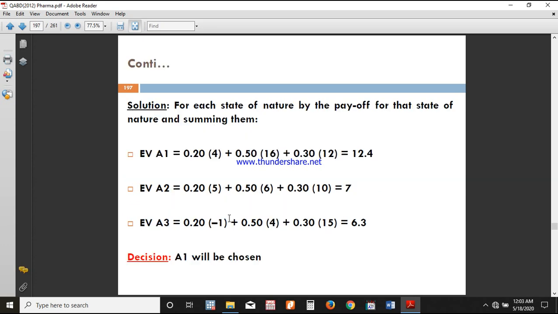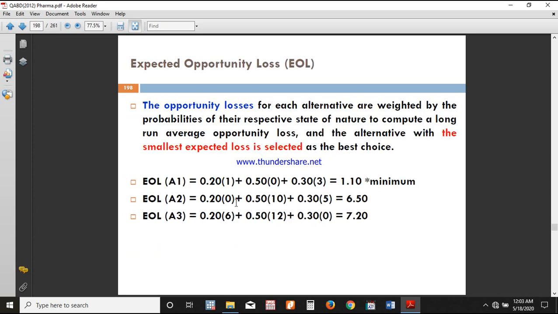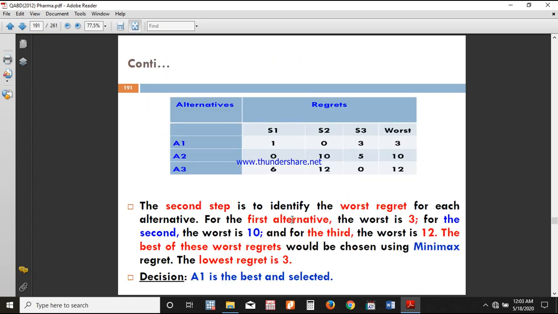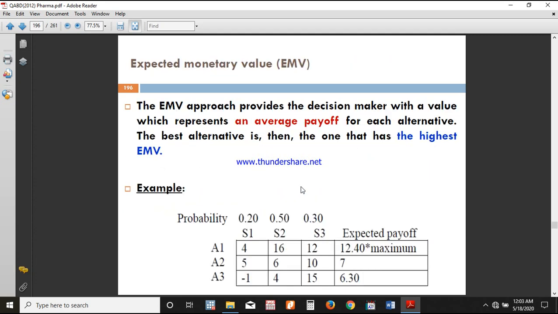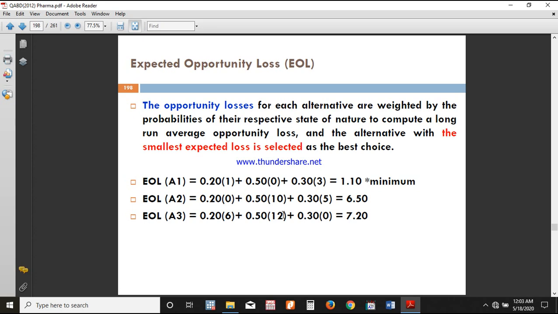Therefore, you can multiply the opportunity loss values with the probabilities. You can also take this table here, the minimax regret table. This is the opportunity loss table. Ignoring the worst result here, you can take this value as an opportunity loss, and you can take into consideration their probabilities.